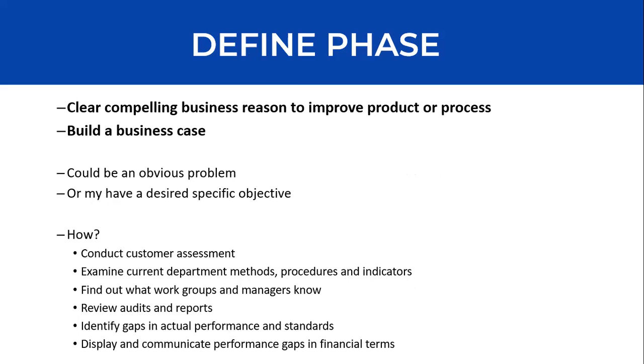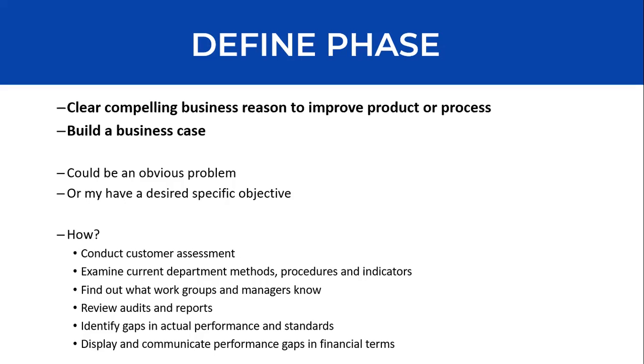In this phase, you need to have identified that there is some sort of a problem, and it is a big enough reason to start the DMAIC process to improve the product or process, and you have to build a business case.